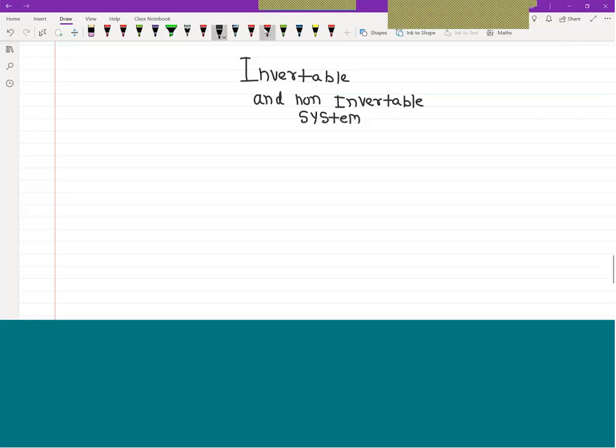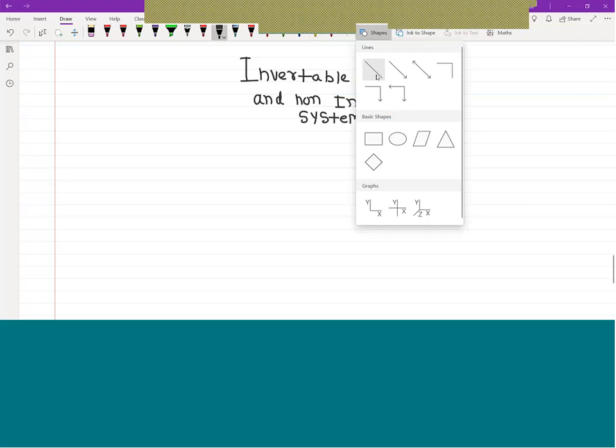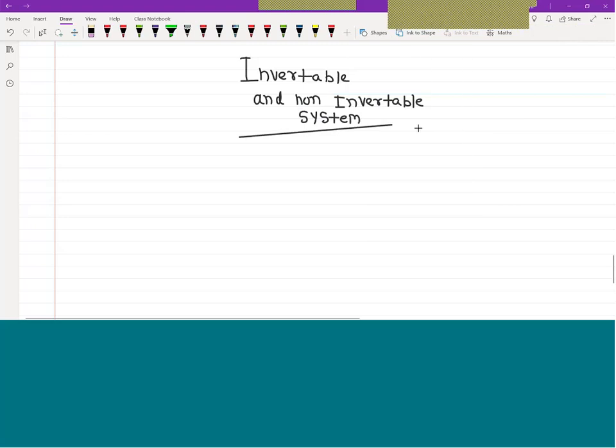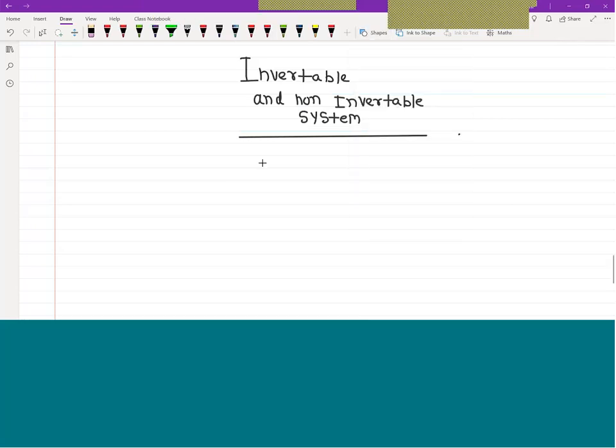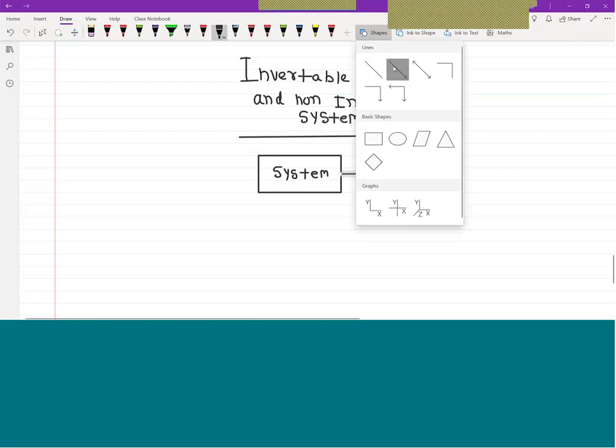We are interested in how invertible and non-invertible systems work. Suppose I have this type of arrangement. Let's say this is one system. This represents output and this represents input.